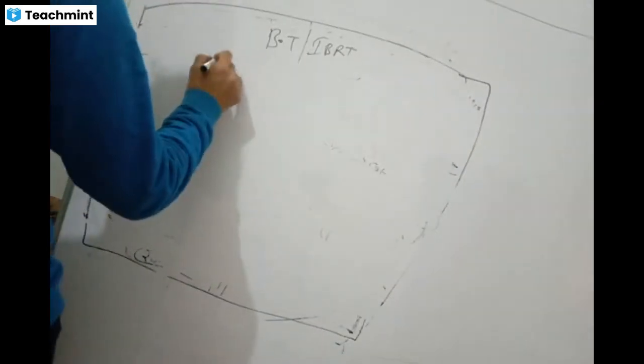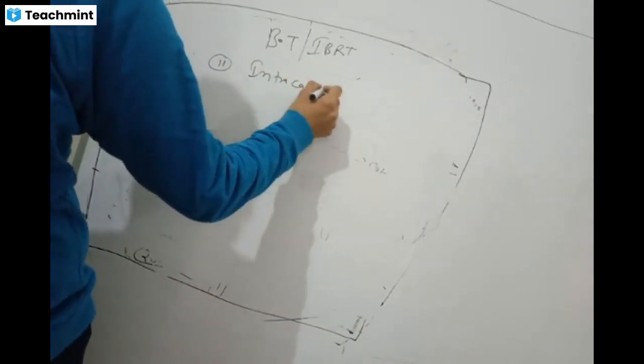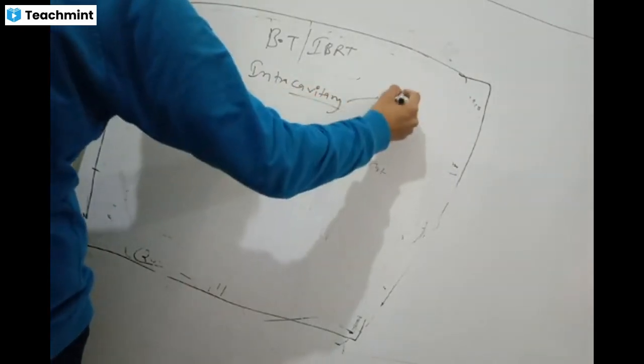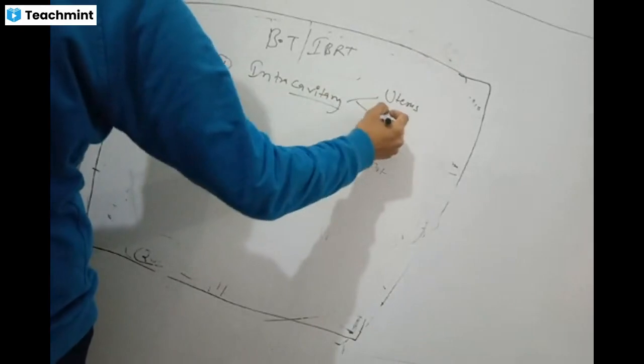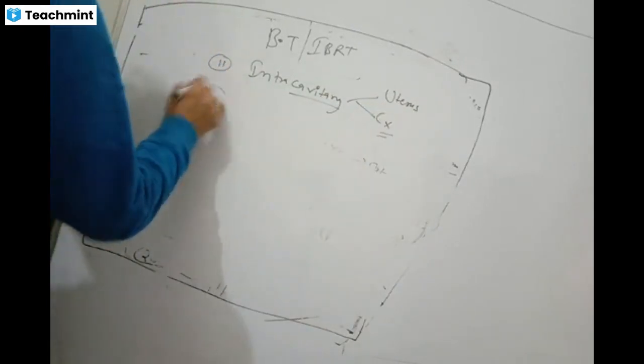The second option is intracavitary. Intracavitary means you can keep the source in the uterus, lumen, or the cervix.